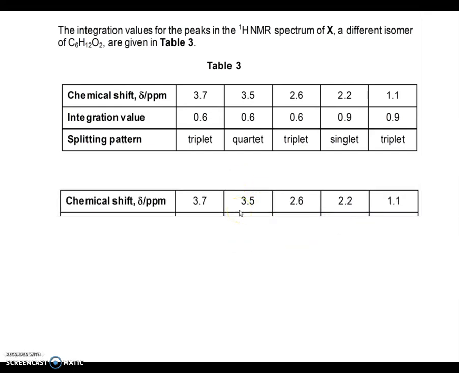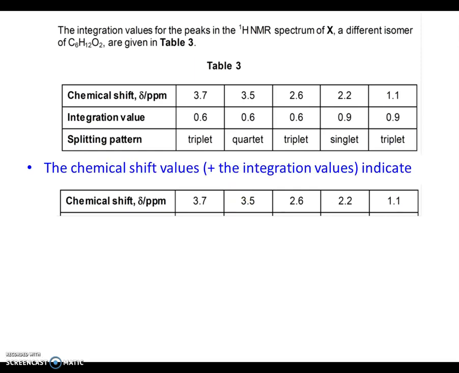Okay, so the next thing we're looking at is the chemical shift information, and we're going to use this in conjunction with the integration values that we've just calculated. We're going to look at each chemical shift value in sequence, so just be logical about it and go through them stepwise.